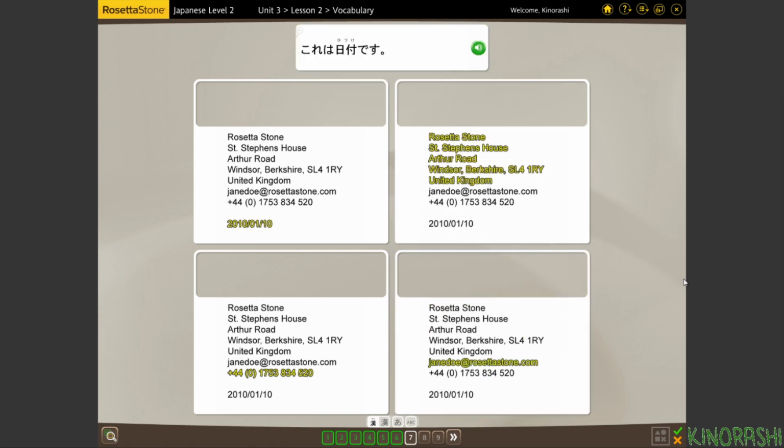これは日付です。日付。See, that's a symbol for day. これは日付です。Oh, date.